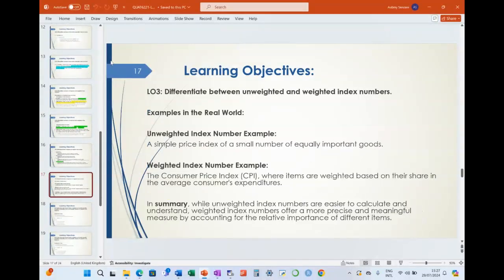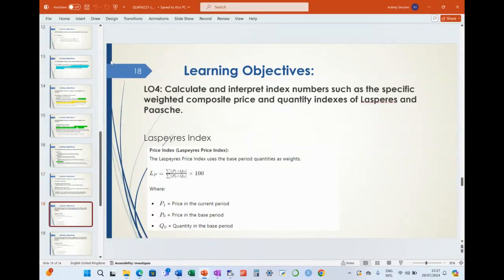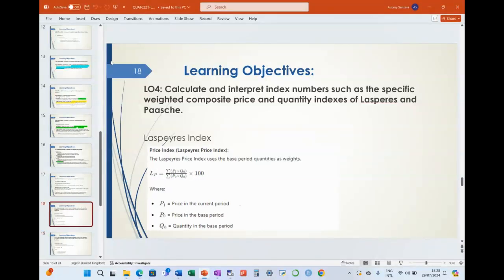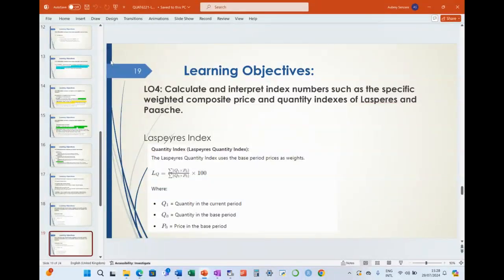Here now, they're just giving us examples in the real world. That's all. So this again is stuff you can read. Then these are the formulas that are of relevance to you for your homework and for learning unit 2. There's the quantity, there's the price index here, and then there's the quantity.